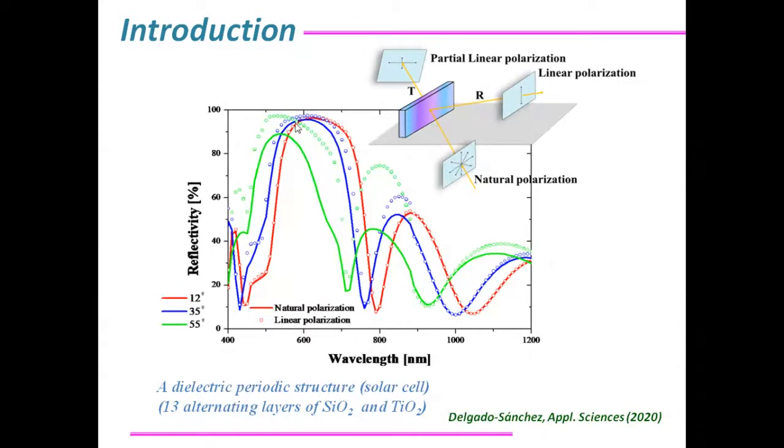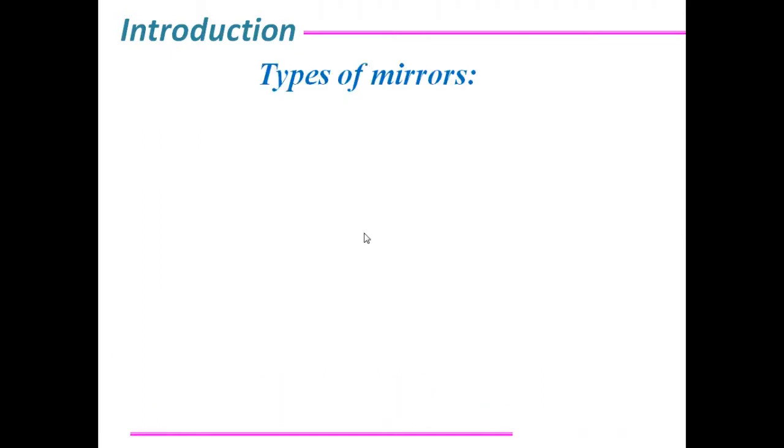This is what we want, and we desire to make this broadband as wide as possible. So remember the three properties, the three characteristics: the phase shift, reflectance, and the large bandwidth.